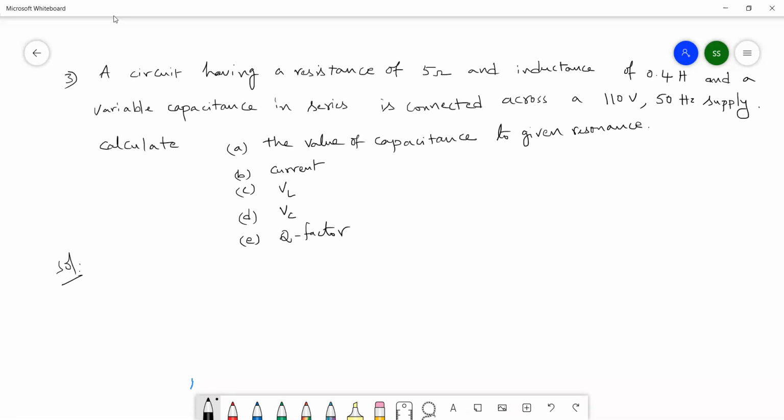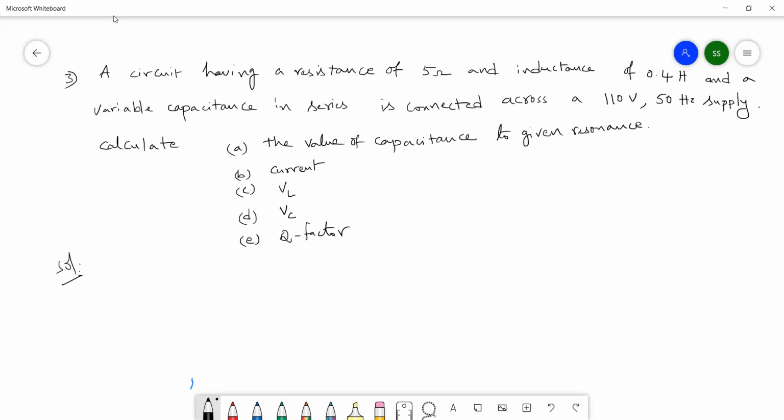What is the formula for voltage drop across inductance? VL is equal to your I0 XL, right? I0 or IM times XL, and VC is the same, I0 XC or IM XC. Formula for quality factor is omega naught L by R. So the formula for current, your B bit, I0 or IM is equal to V by R. And your first bit, value of capacitance at resonance.